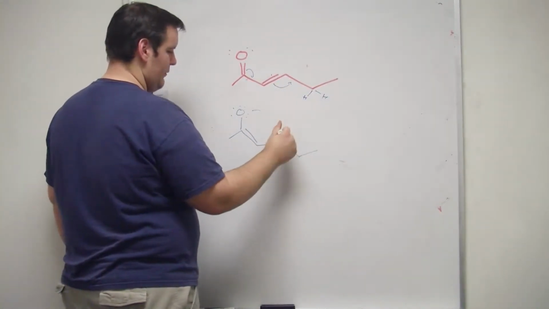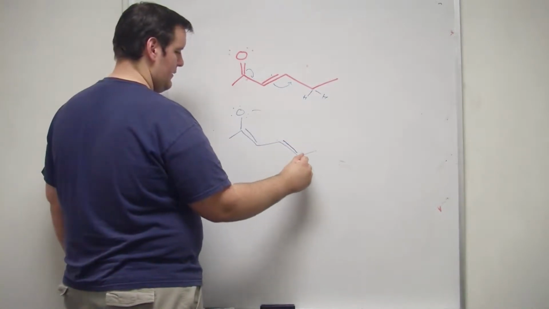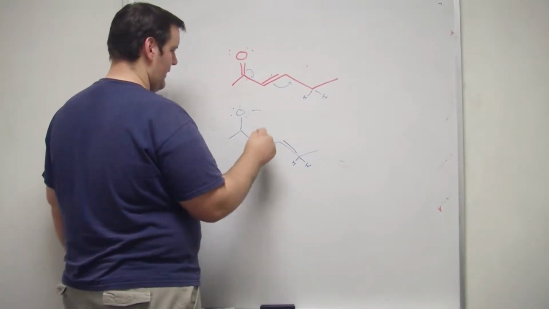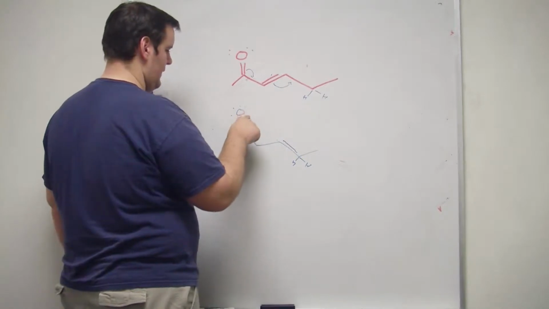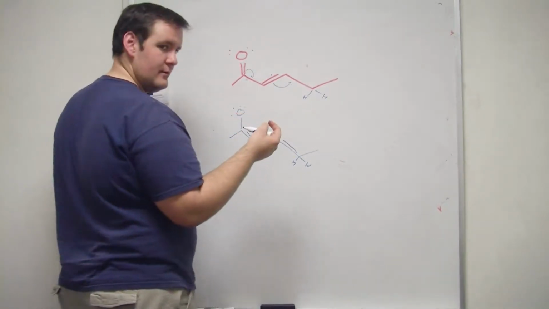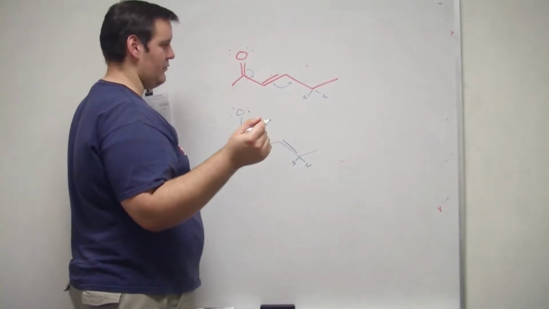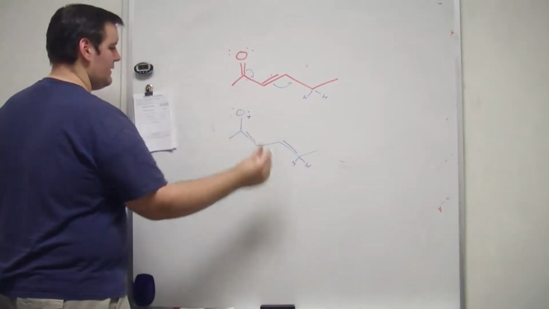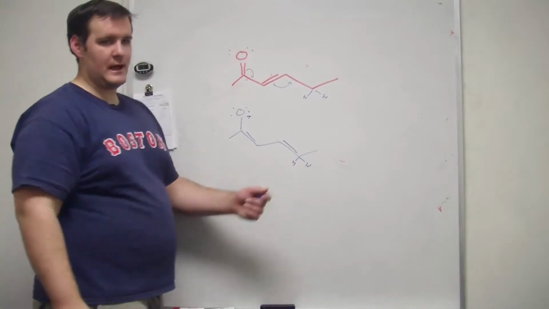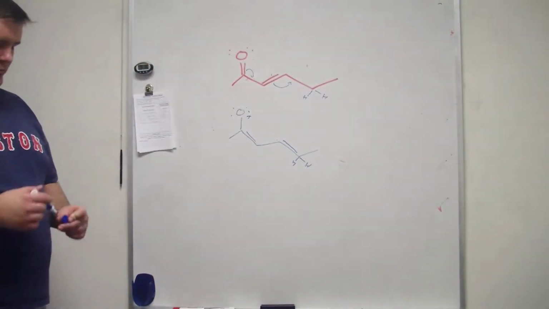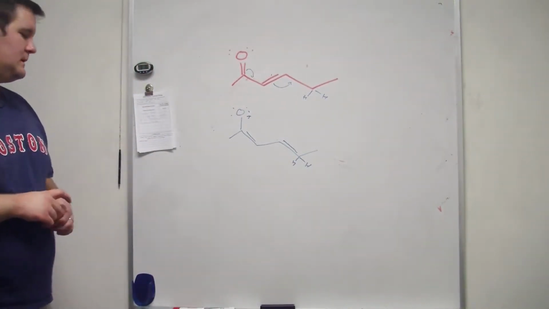So if I ended up with a double bond here, I have hydrogens there, as well as now this oxygen doesn't have the octet rule. Well, I guess that's fine, positive. But this couldn't happen. Carbon's not going to have more than 4 bonds. That's one thing to look for.